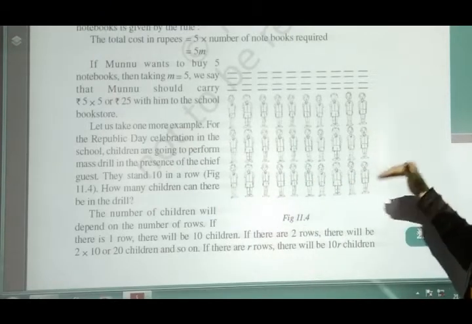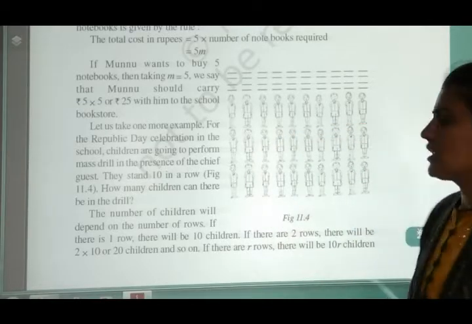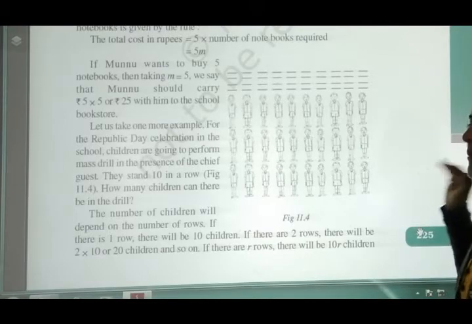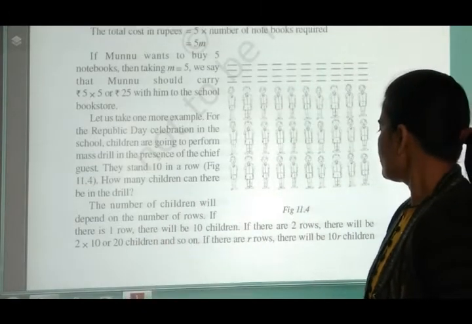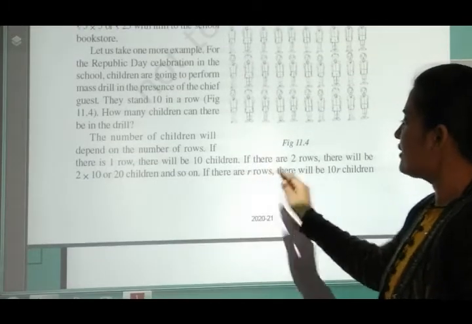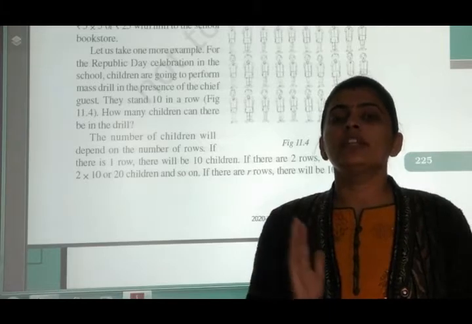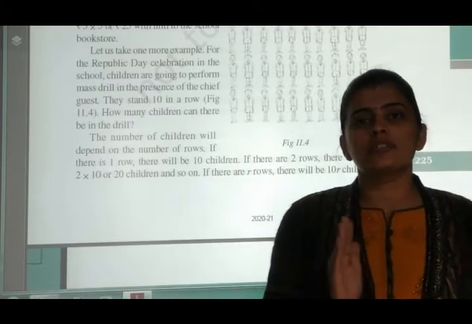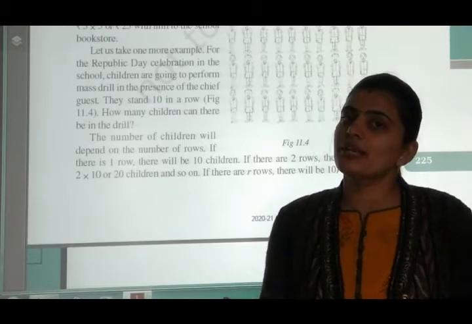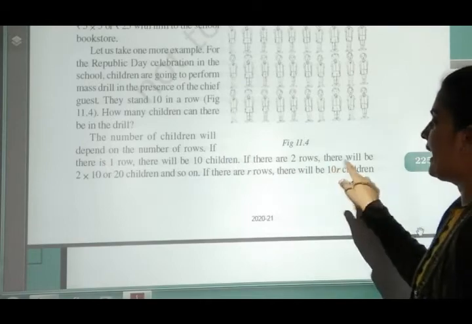If 2 rows, then 2 multiplied by 10, so you get 20 children. If there are rows and we don't know how many, we say it is a variable r. So if there are r rows, the number of children will be simply multiplied by 10, so 10r.